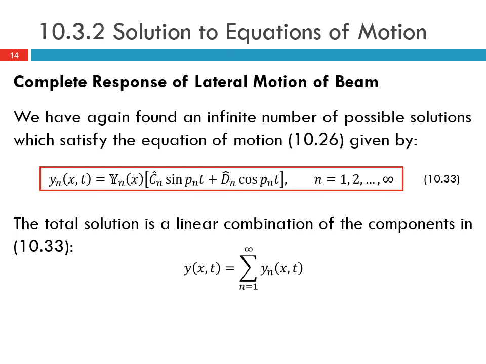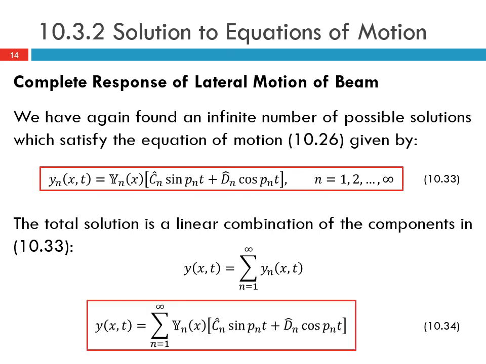So y of x and t is equal to the sum, as n goes from 1 to infinity, of y_n of x and t, or the sum of y_n of x times c_n sin p_n t plus d_n cos p_n t, where again this y_n is like a mode shape, and this describes the harmonic motion.